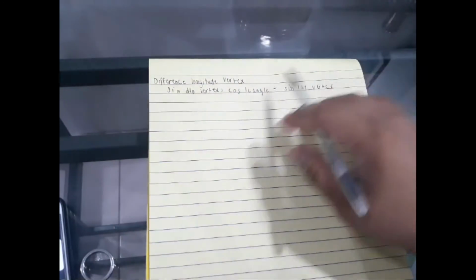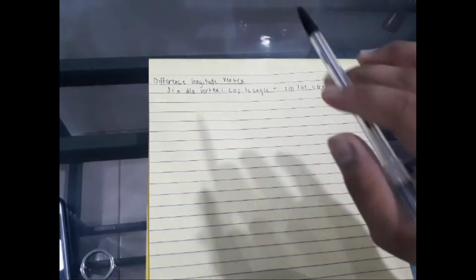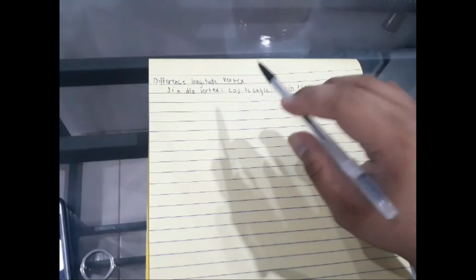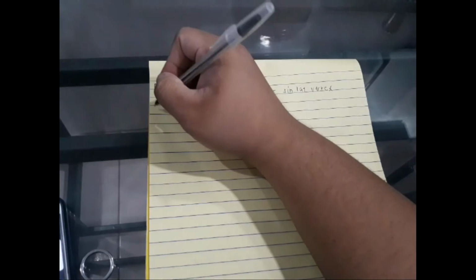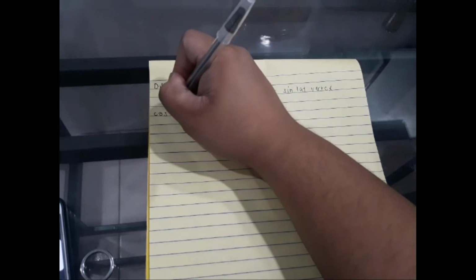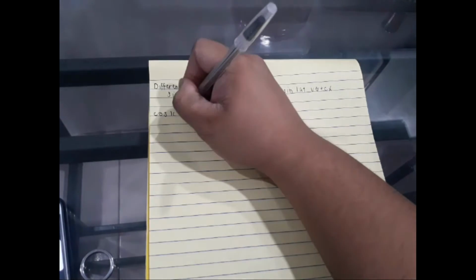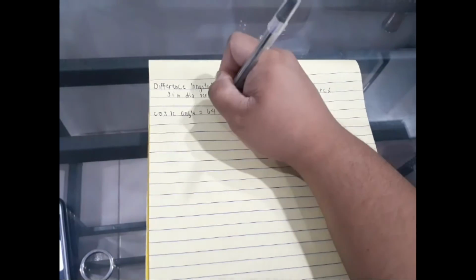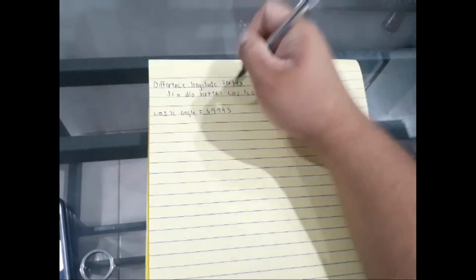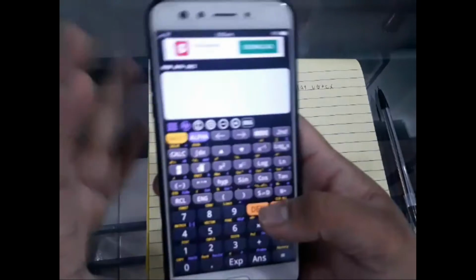So the next one we're gonna get is the difference longitude vertex. So the formula of the difference longitude vertex is sin dlo vertex equals cos initial course angle divided by sin lat vertex. So we're gonna write cos initial course angle is equal to 64.493. So again, the calculator.